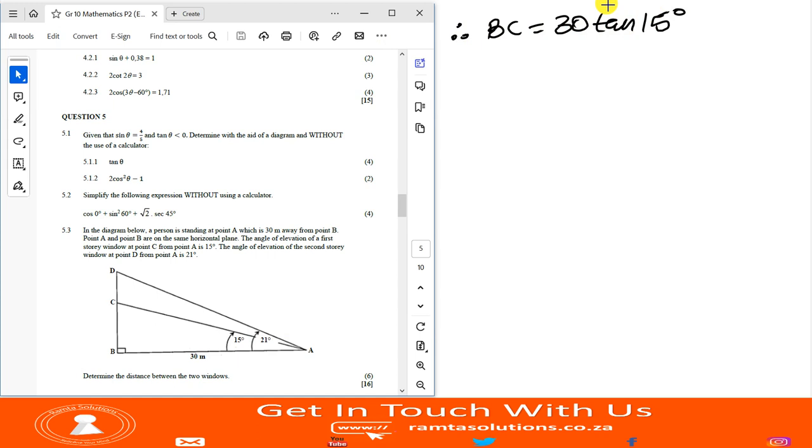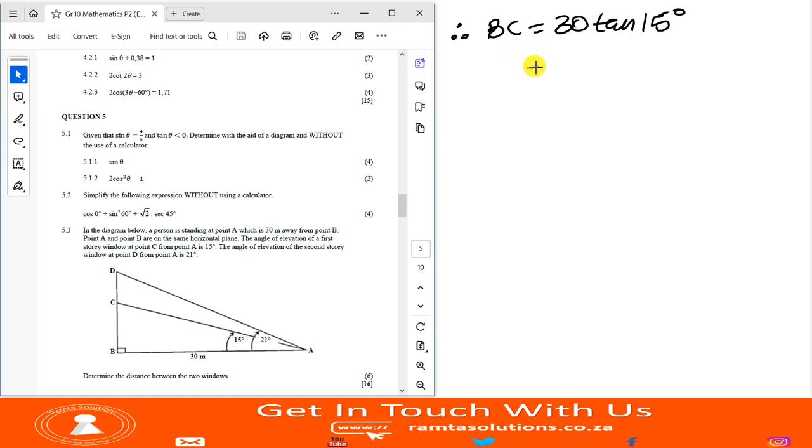I'm just going to leave it like this for one reason only: it's in the middle of my calculations, and I will round off my final answer.